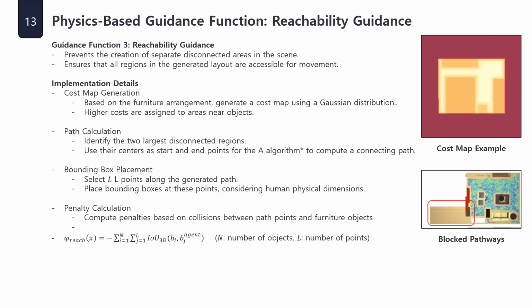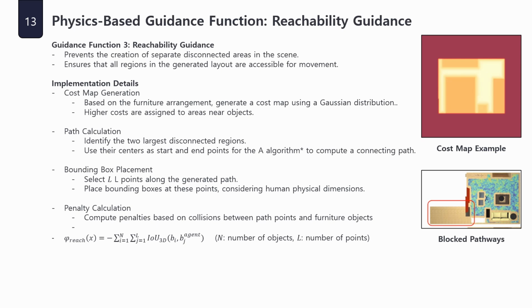To address this, a cost map for navigable area is first generated based on the arrangement of the furniture using a Gaussian distribution. Points closer to objects are assigned higher cost, enabling the calculation of paths that naturally mimic human movement between furniture. In the cost map example figure, yellow indicates higher cost while white indicates lower cost.